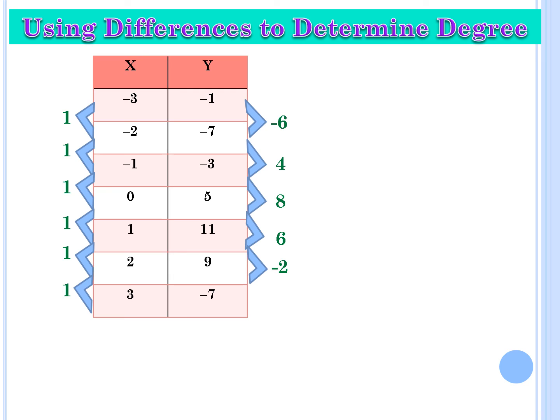And 9 to -7 is a decrease of 16. Now, if these y changes were all the same, then we would say it would be linear. But they're not the same, so it's not linear.